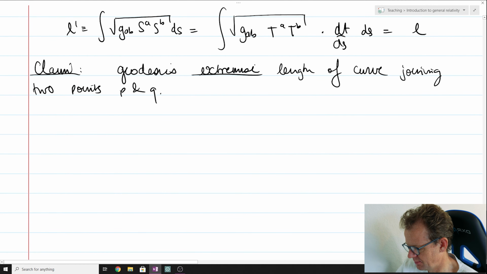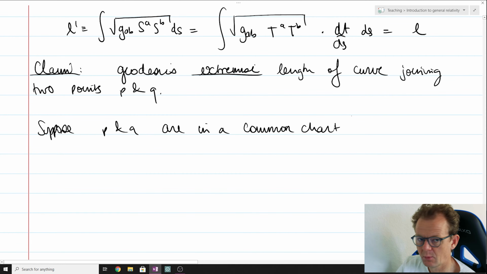Okay, to make life simple, we're going to suppose P and Q are in a common chart, just so we don't have to keep changing coordinates to get from one point to the other. That would be a bit awkward.